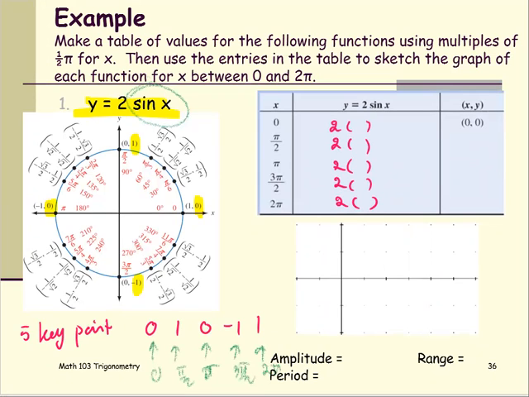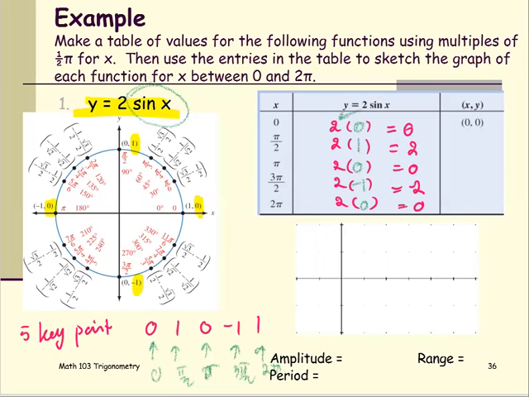So we fill in the parentheses: 2 multiplied by the sine value, which is 0, and the next key point is 1, and then 0, -1, and 0. Completing the numbers, at x equals 0, y equals 2 sine x is 0, followed by 2, 0, -2, and 0.